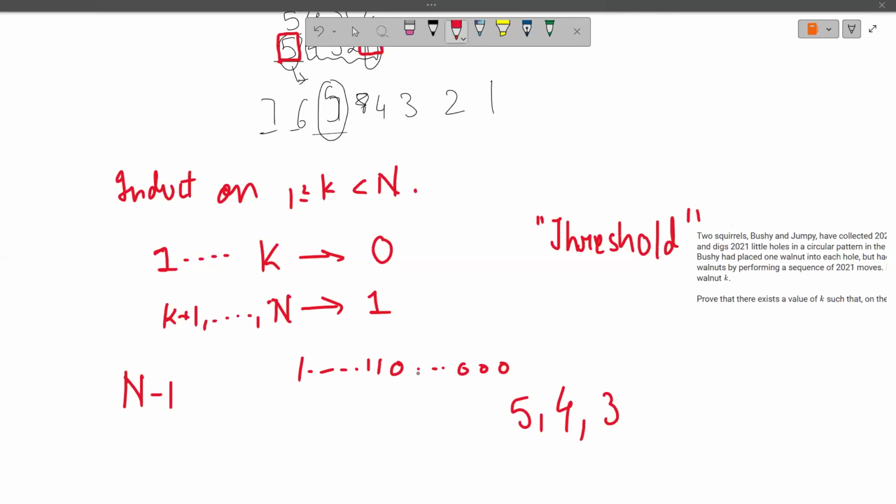So you have the numbers 1 through k, and you want to do it for k plus 1. What you're saying is that you know it will happen for k, and you want the k plus 1th guy after one more move to be there as well. Yes, somewhere there.